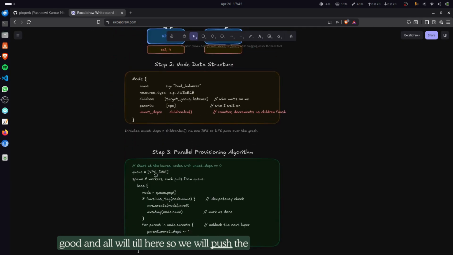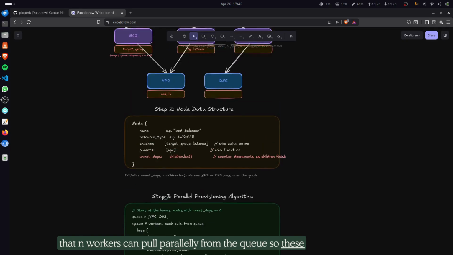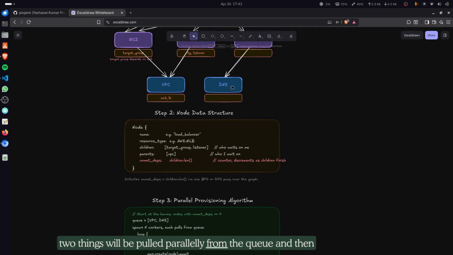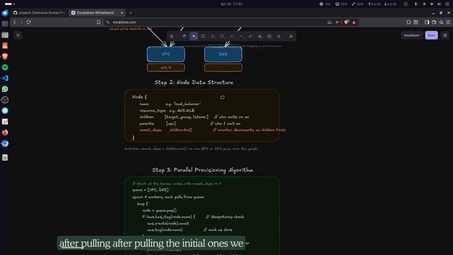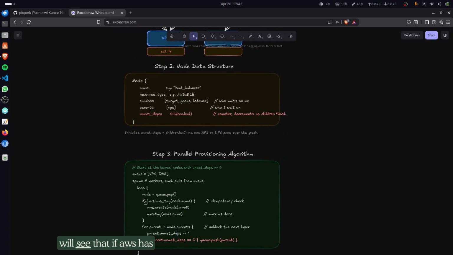So we will push the leaves into a queue, and as this has to be parallelized, we will use something like a triggerer and worker pattern so that n workers can pull in parallel from the queue. So these two things will be pulled in parallel from the queue, and then after pulling the initial ones, we will see if AWS has a tag.